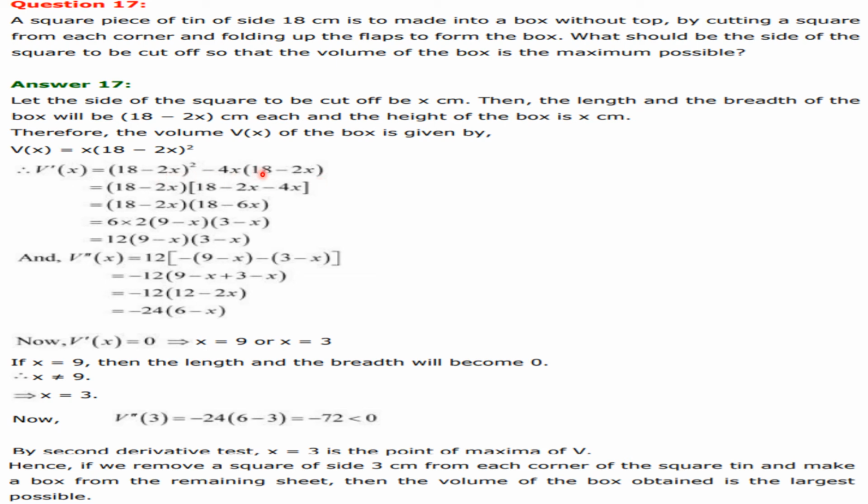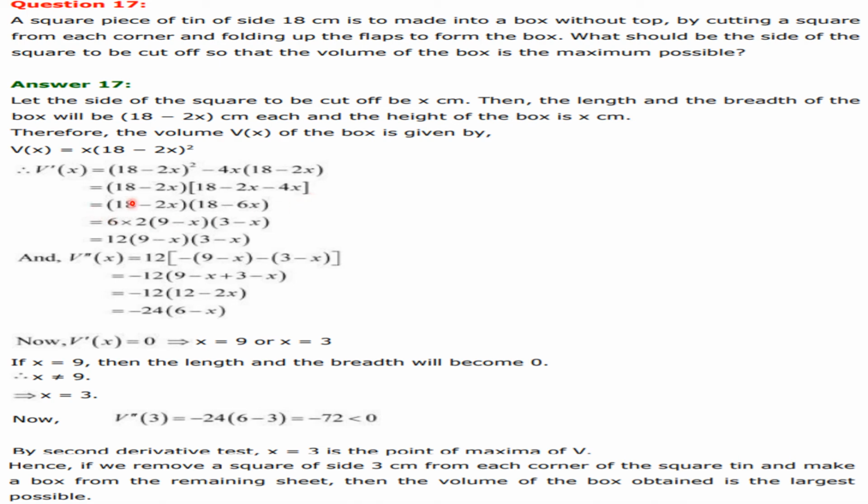From these two terms, we can take out 18 minus 2x as a common factor. After taking out 18 minus 2x, from the first term, what will you get? 18 minus 2x. Understood, my children? From the second term, if you are taking out 18 minus 2x, what will be left here? Minus 4x. Understood this step, my children?